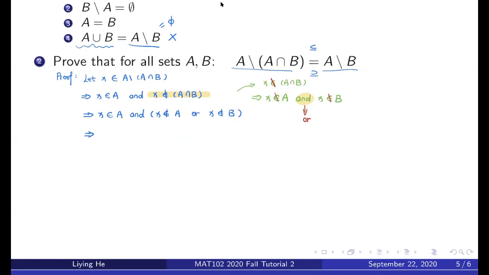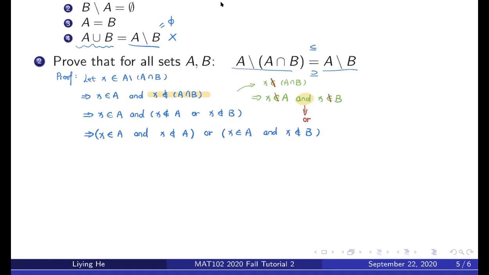So that's gonna give you x is in A and x is not in A, they're together, or x is in A and x is not in B. Alright, so basically I just use distribution law.